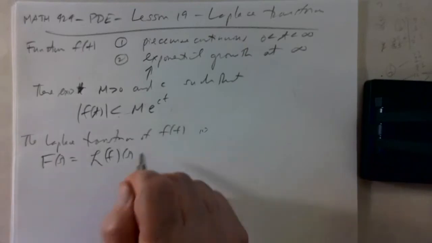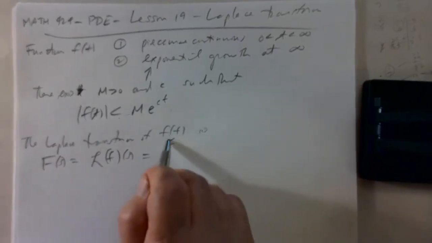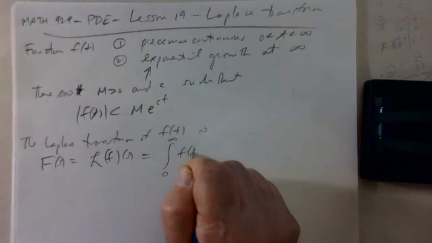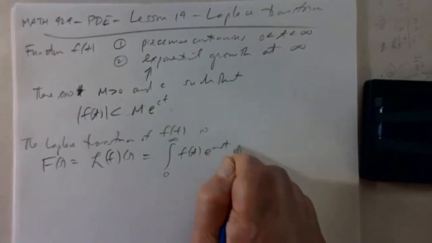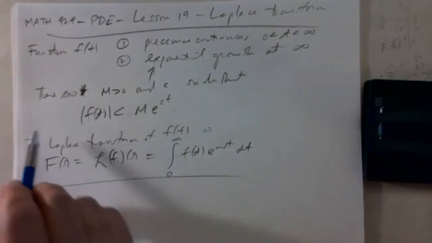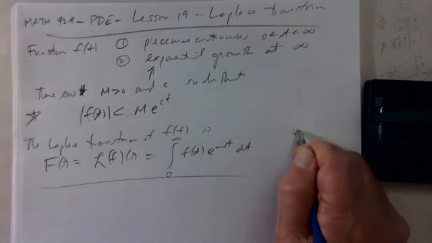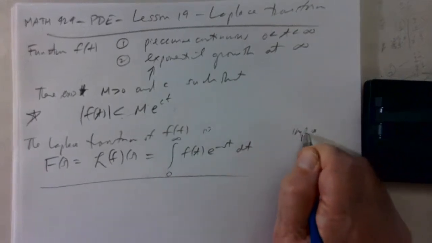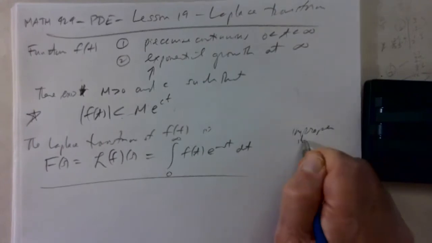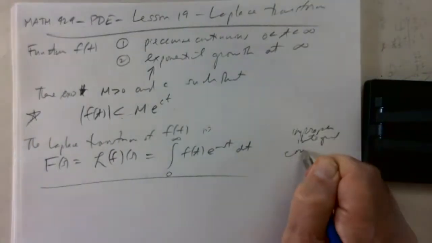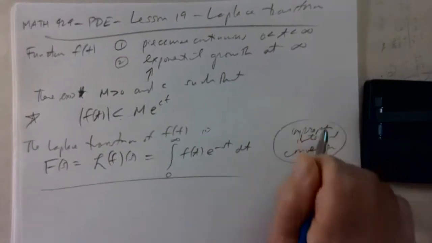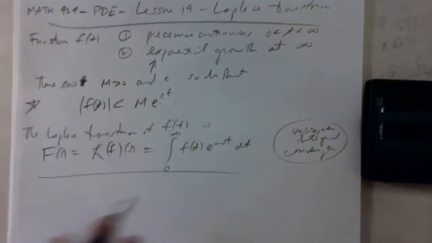These are just alternate notations for the same thing. It's the integral from 0 to infinity of f of t e to the minus st dt. So long as this condition is satisfied, this improper integral converges because of this exponential growth bound.